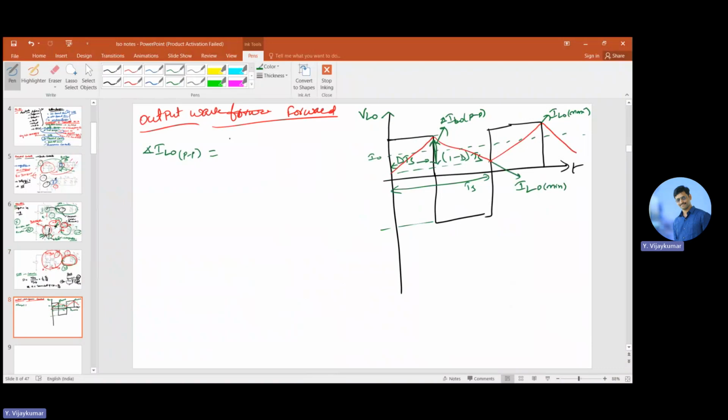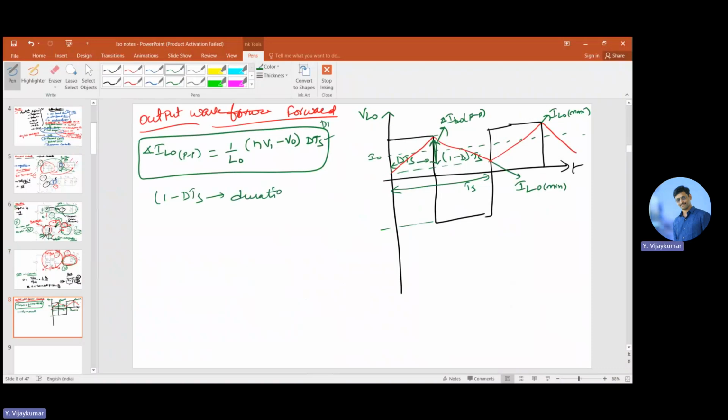Now, what is delta IL naught peak to peak? As you know from the inductor current formula, it is 1 by L naught times (N times input V1 minus V output) into D times Ts. This is the on period, and we already discussed how we got this equation. Now, if I want delta IL naught peak to peak in the duration of 1 minus D times Ts, that is equal to V naught into (1 minus D) times Ts divided by L naught.